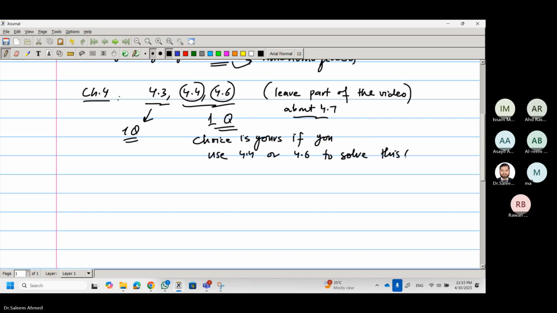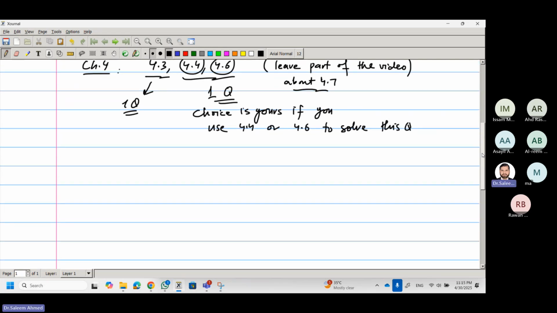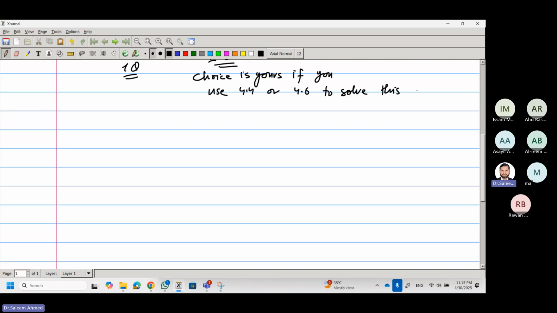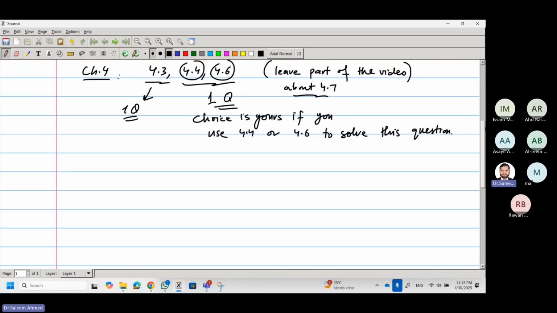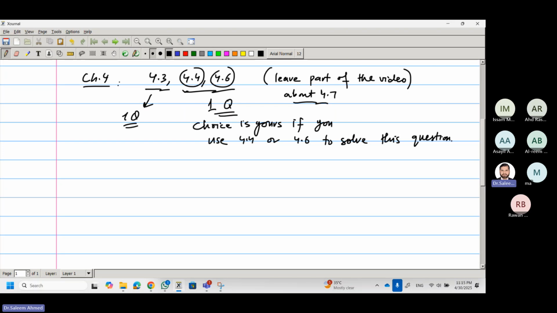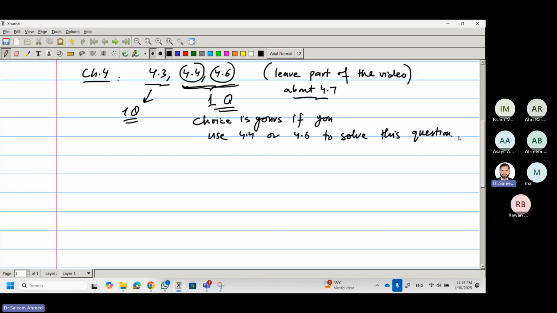Choice is yours. I'm not giving you both questions. Okay, I will write one non-homogeneous question, and it's your choice whether to use 4.4 or 4.6. One question will be given about a homogeneous equation. You know that the homogeneous equation is very easy.